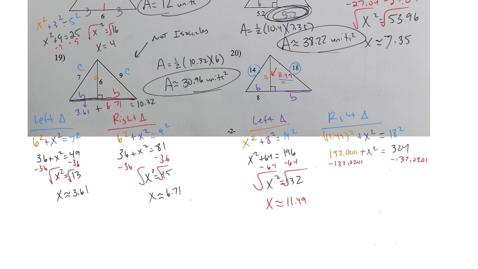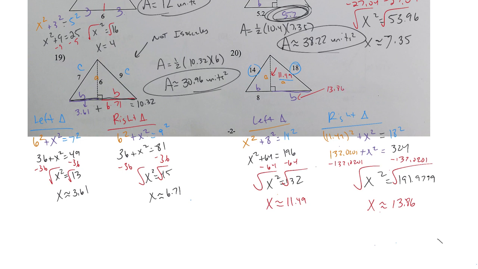I end up with x squared equals 191.9799. If you rounded that, that's fine too. I just didn't. It's not really a big deal either way. Square root both sides. The square root of 191.9799, I end up with about 13.86. So this is 13.86 about.